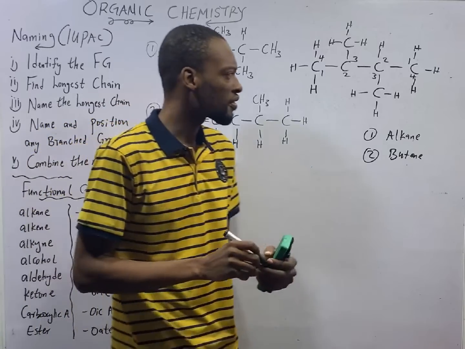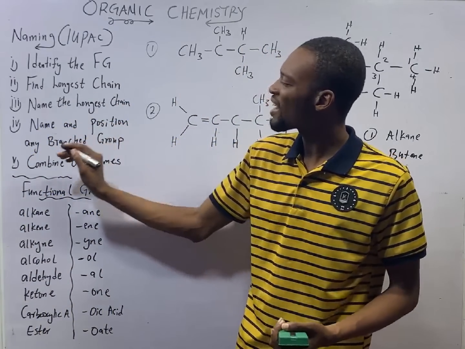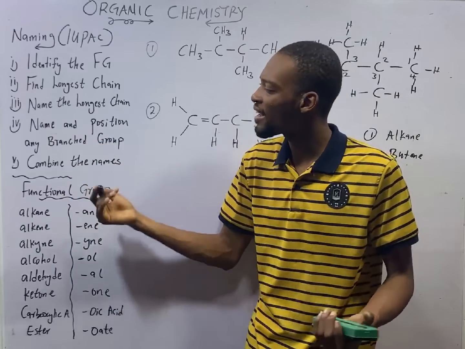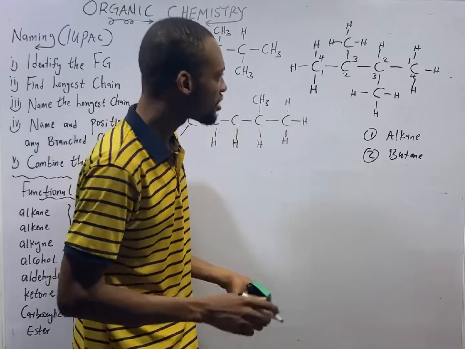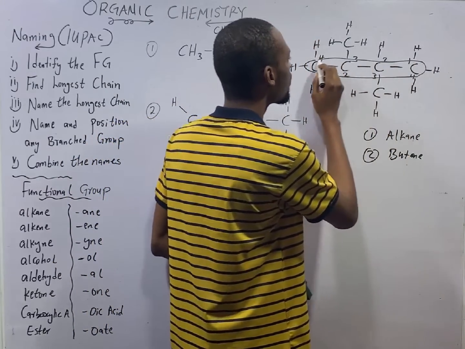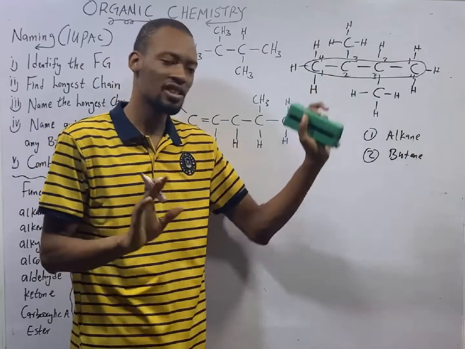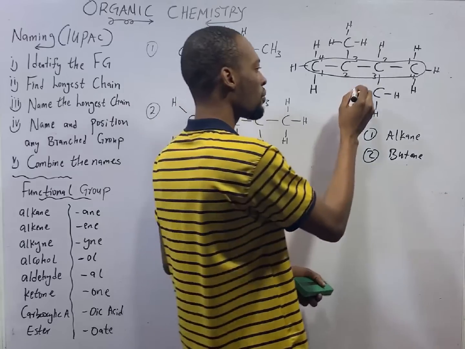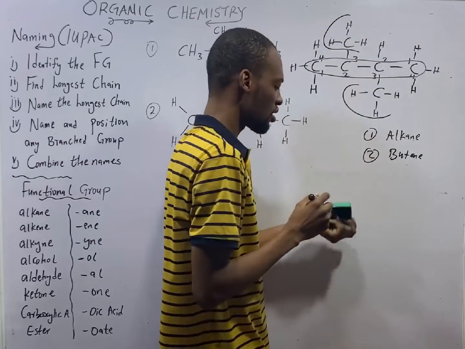Then you ask yourself, is there a branch? Name and position any branch. Is there any branch? There is, because we are dealing with this chain. Any other thing that has carbon outside this chain is a branch. This is one branch, and this is another branch.